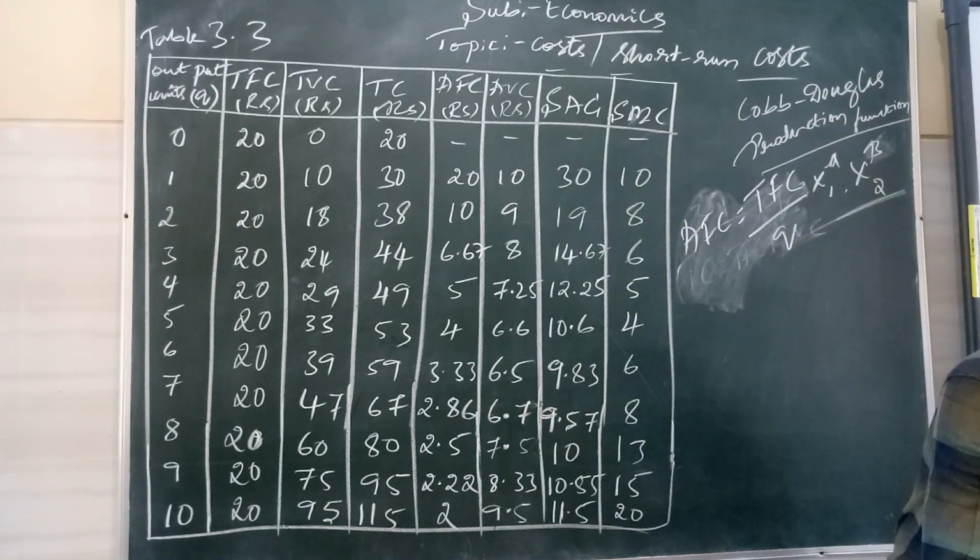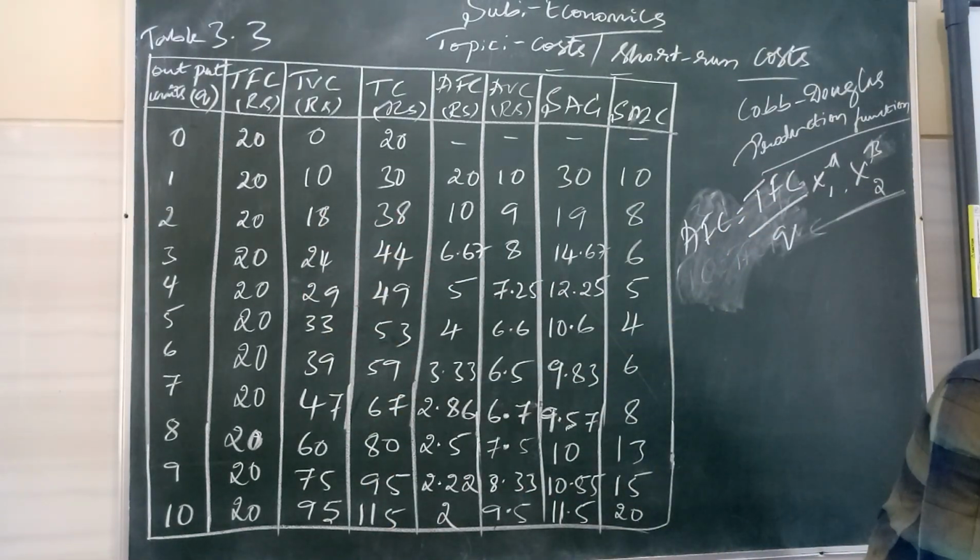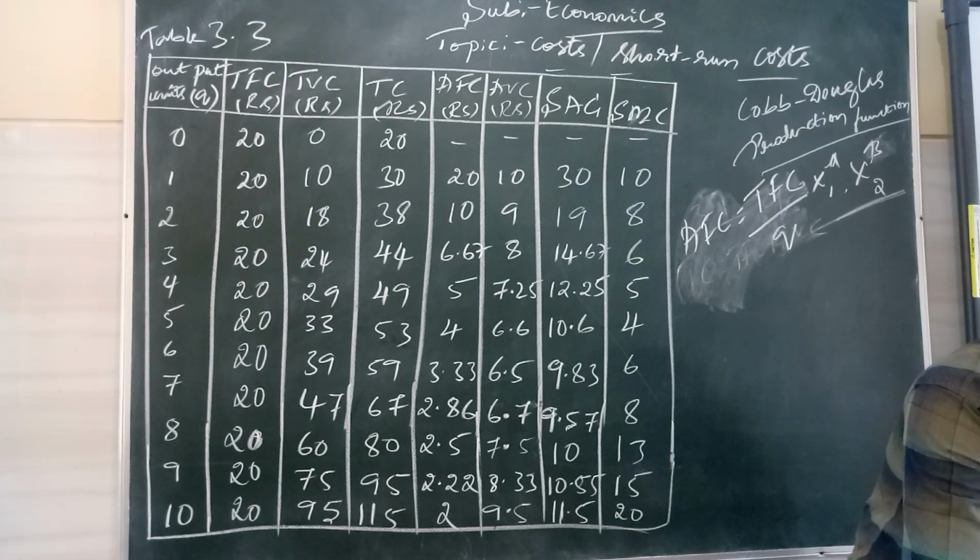See, that is the AFC column, by dividing the values of the second column by the corresponding values of the first column. At the zero level of output, AFC is undefined.